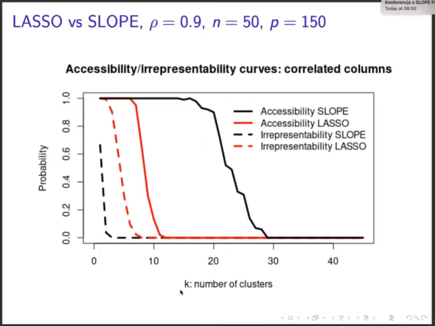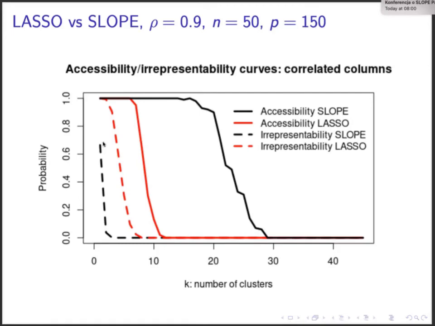Here we have, I think, Patrick, it should be probably the number of non-zero elements, the sparsity of a signal. Yeah, it's the number of non-zero elements. So you can see here, this line shows the probability that the condition for the perfect pattern recovery of slope is satisfied.